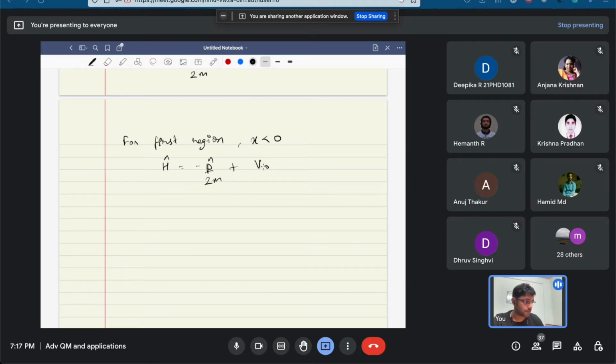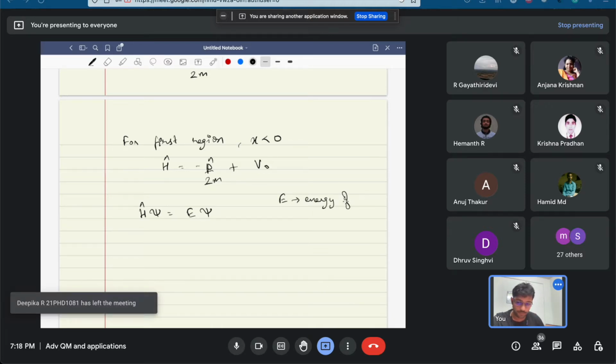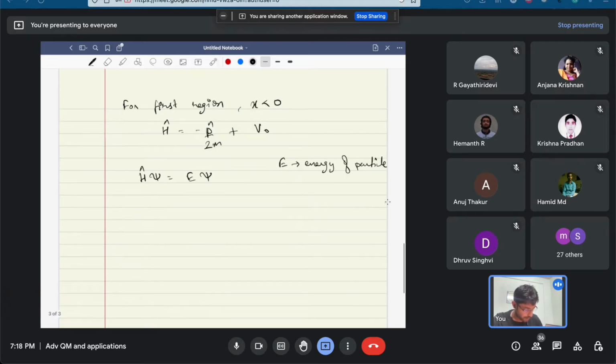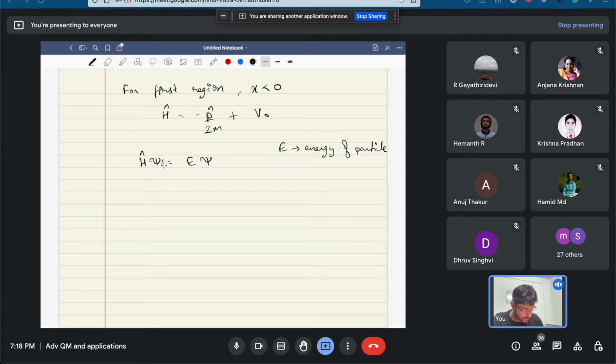Now, in order to solve this, we have the Schrodinger equation, H psi equal to E psi, and E is the energy of the particle. So this is psi of x we have.